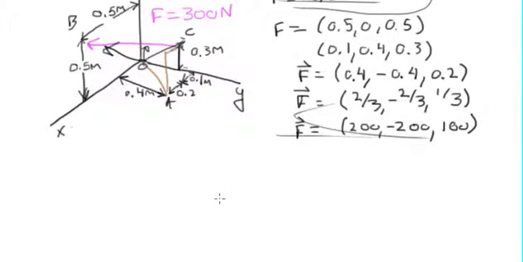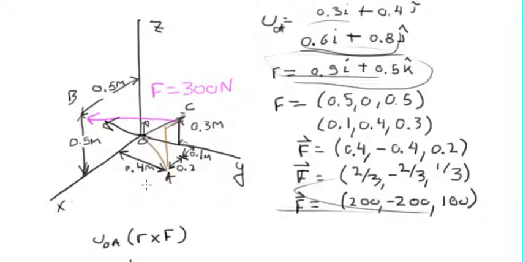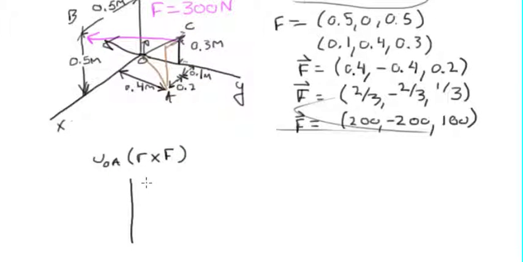So moving along here, to solve this, what you'd want to do is create a determinant. The actual formula to solve this is your unit vector along the hinge from your origin to A multiplied by the cross product of R cross your force vector. What this is going to look like is a big old determinant right here. And so you have 0.3, 0.4, 0 is going to be your first row.